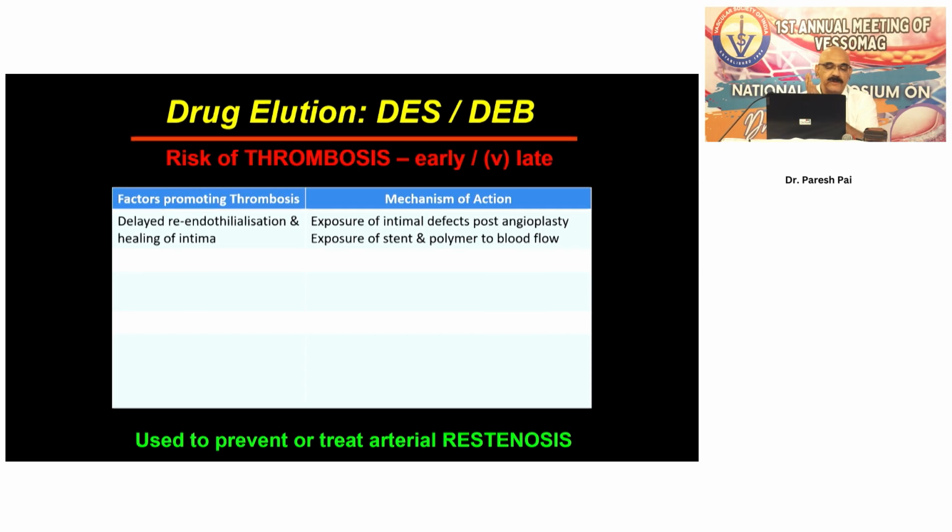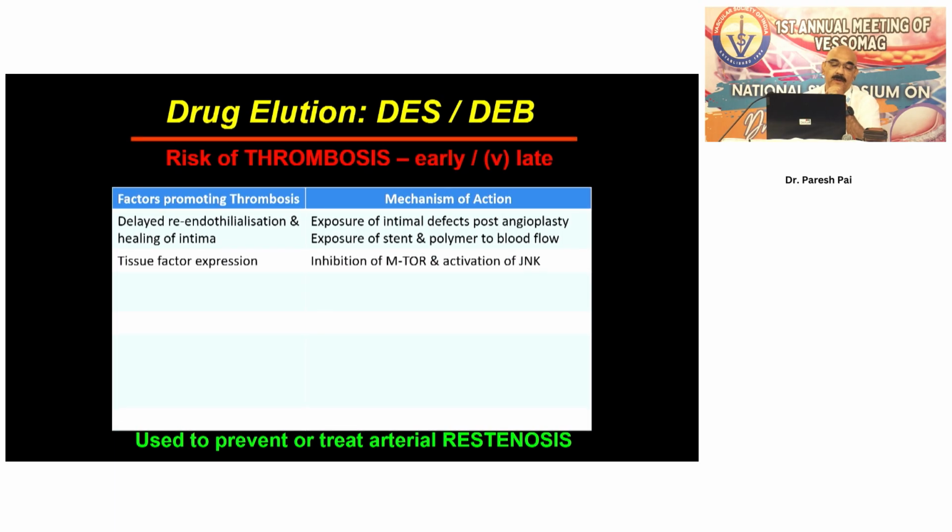So what are the factors which promote thrombosis? It's delayed re-endothelialization and healing of intima. This causes exposure of intimal defects post-angioplasty. It causes exposure of the stent, and more important, the polymer to the blood flow. Tissue factor expression, that's inhibition of mTOR and activation of JNK.